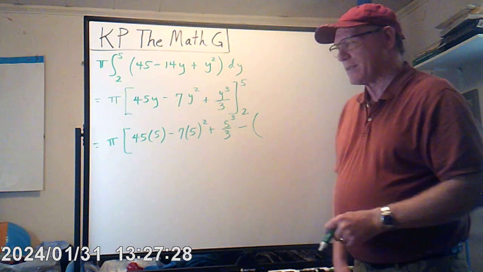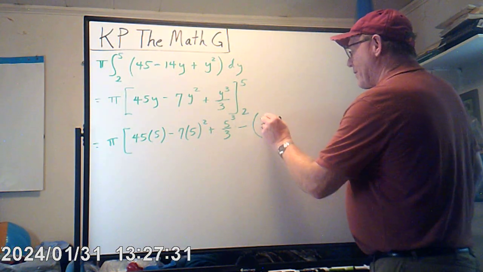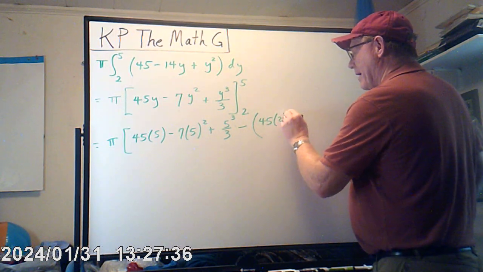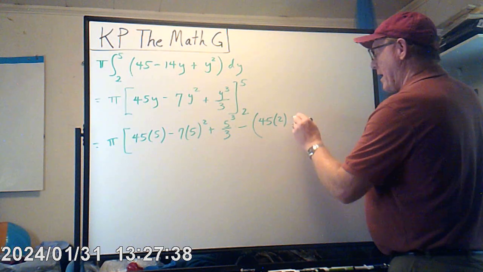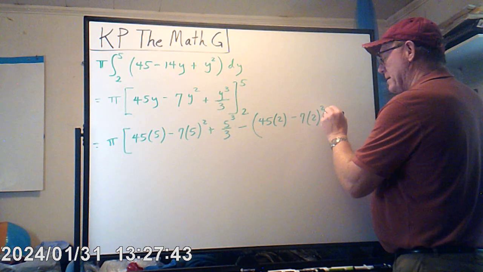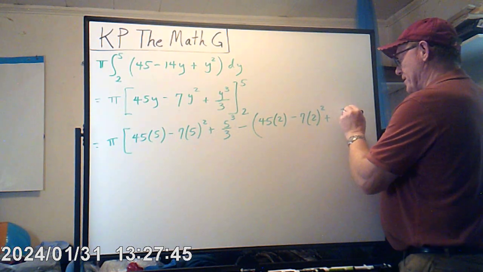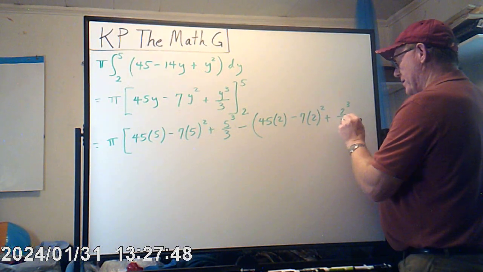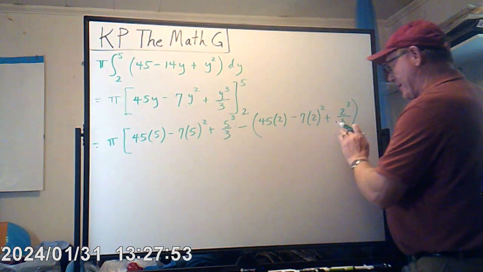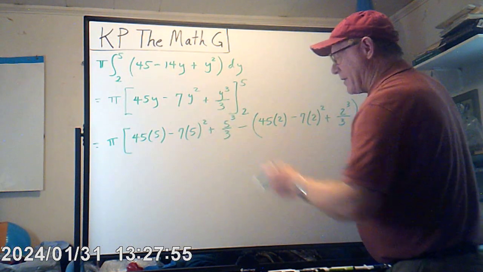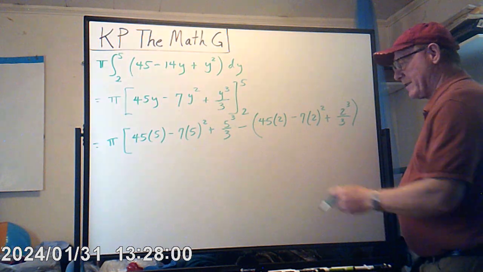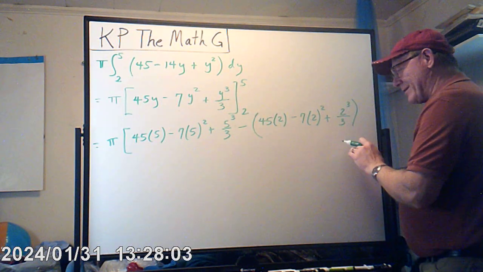Immediately do that. So let's see, 45 times 2 now minus 7 times 2 squared plus 2 cubed over 3. I don't think we have to worry about whether we need a common denominator or not. I think we're going to be alright. Just remember, put this in parentheses.